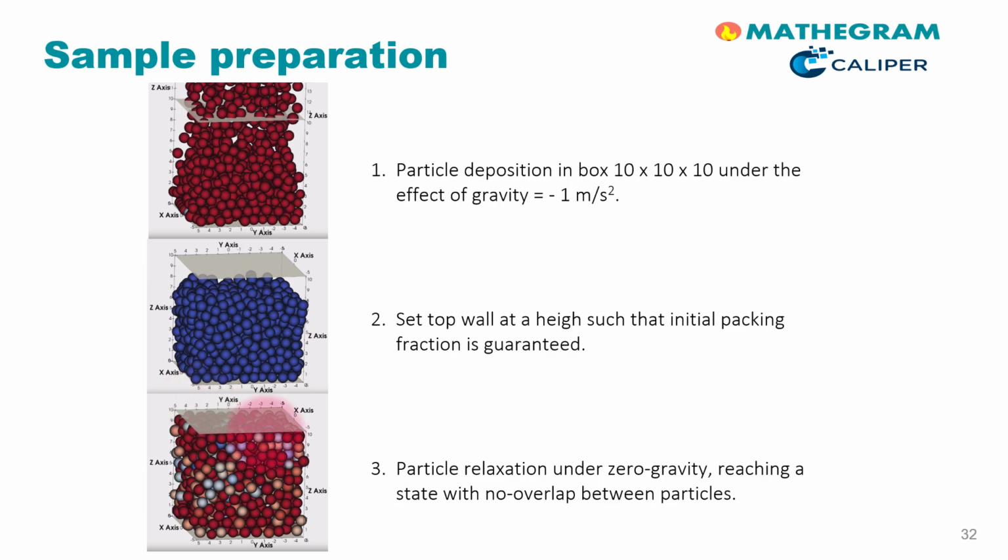We also artificially slow down the particles such that they do not move at the time instant we initiate the compaction cycle. The compaction process itself is relatively simple. We just move the top wall downwards.